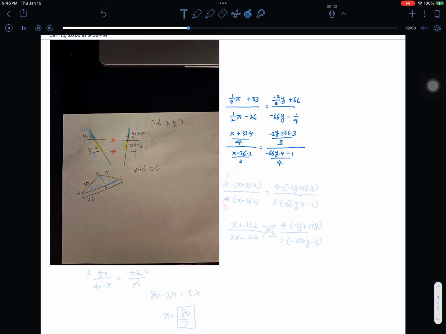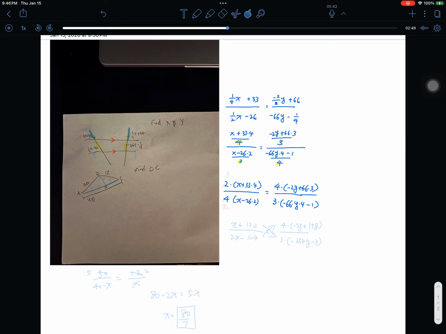And let's just make sure that we have the same kind of stuff in doing this, right? So to do this one, it will be 4 times x minus 26 times 2 at the bottom, and 2 times x plus 3 times 4 at the top, equal to 3 times negative 66y times 4 minus 1 at the bottom, and the 4 times negative 2y plus 66 times 3 at the top.